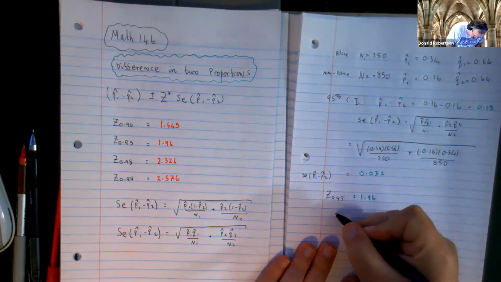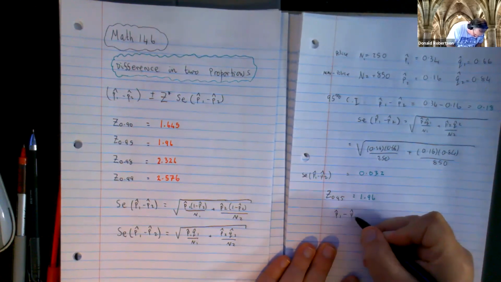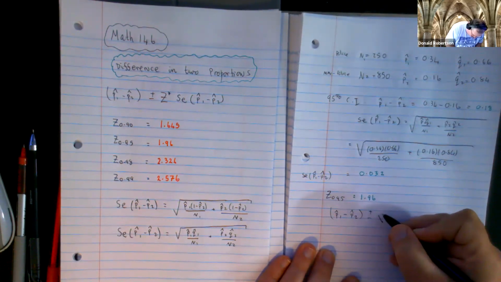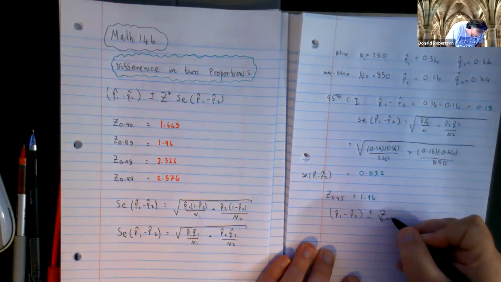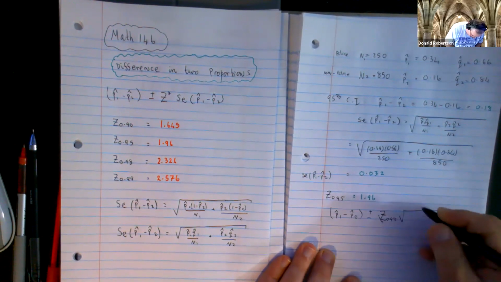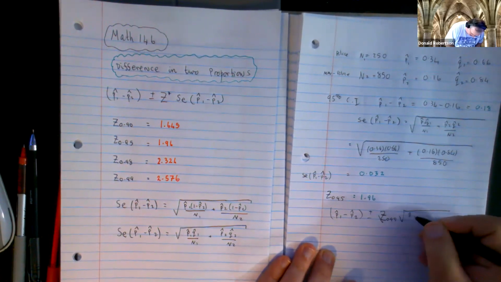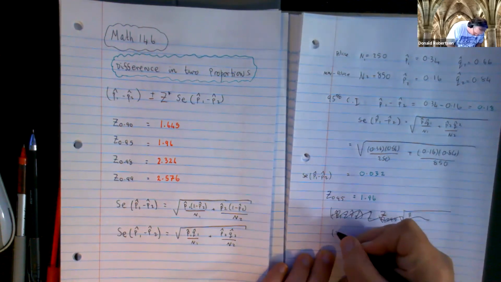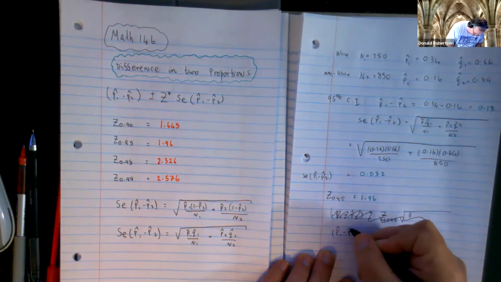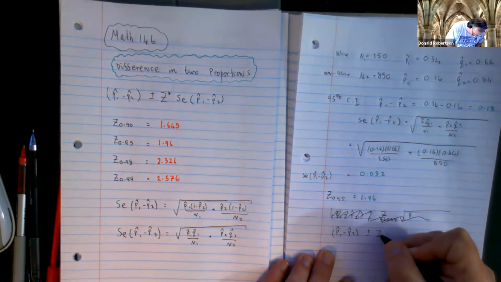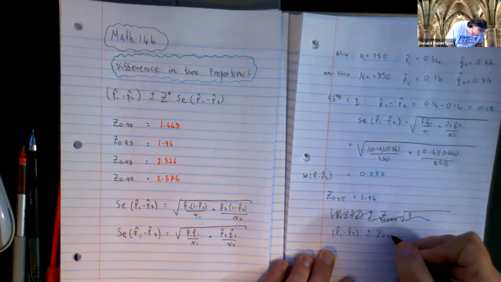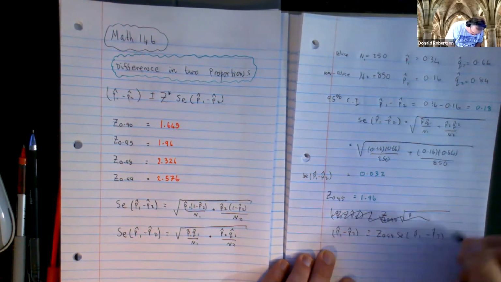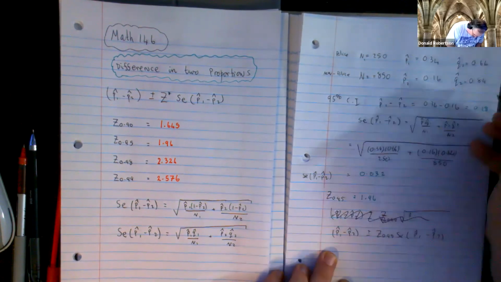So it's P1 hat, take away P2 hat, plus or minus the magic Z score for 95 times the standard error. I don't need to write the formula down again, I've got it up there. The difference we got was 0.18.